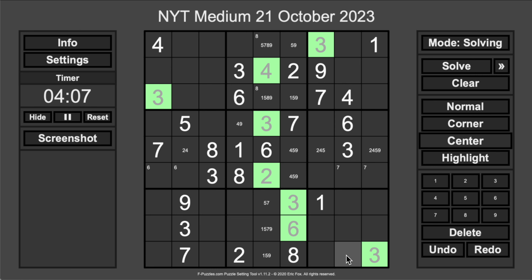Let's see. This cell cannot be 2, 3, 4. 1, 2, 3, 4, 6, 7, or 8. This is just 5 or 9 down here. This one is not 1, 2, 3, 7, 8, or 9. See, this one sees all the odd digits except 1.